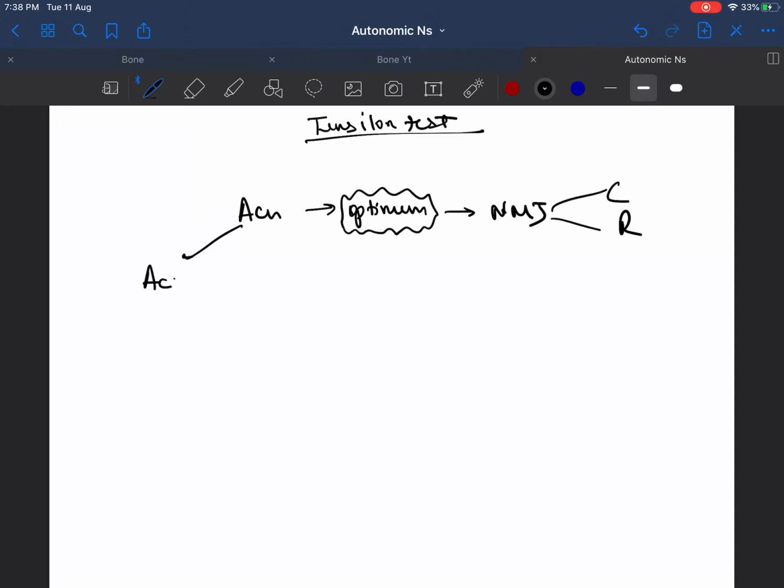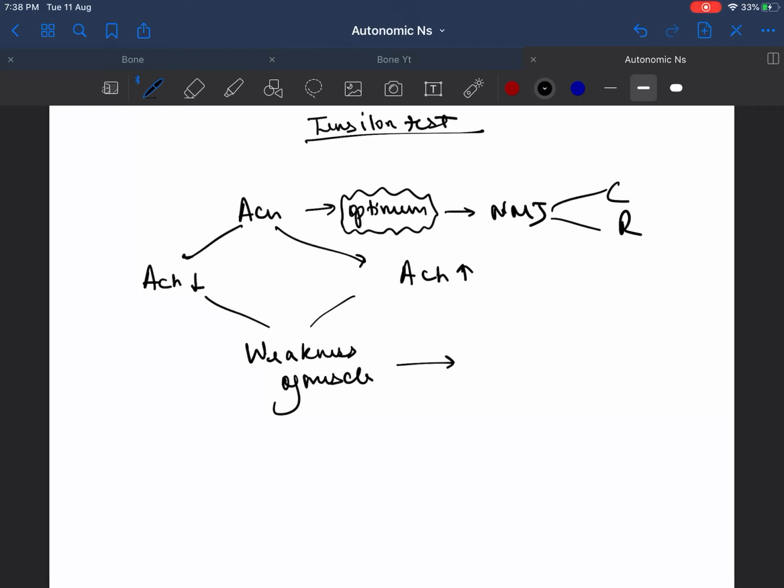If you have decreased ACH or if you have increased ACH, so what will happen? Both of these will lead to weakness of muscle. Now patient comes to you with weakness of muscle, and it can be either due to decrease or increase of ACH. Decreased ACH takes place in what? Myasthenia gravis. And increase takes place in the problem of cholinergic crisis.